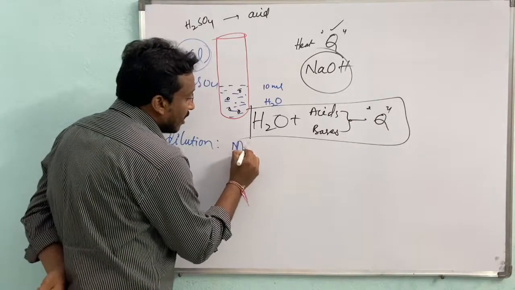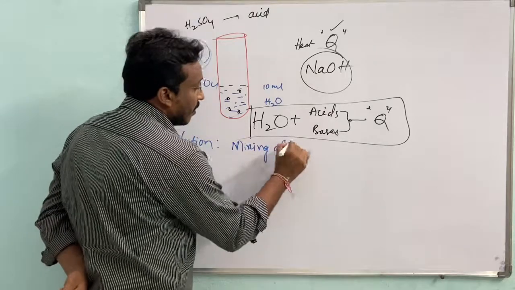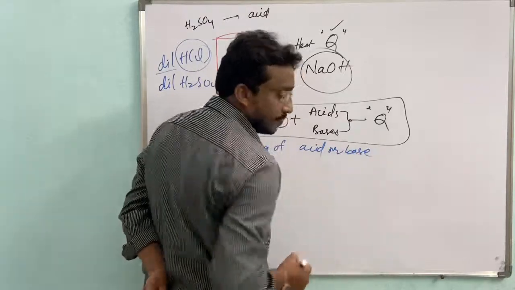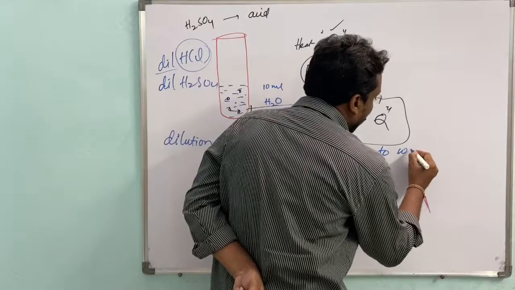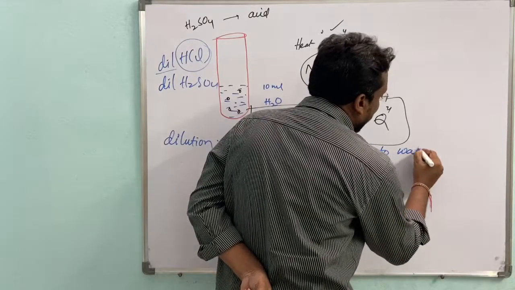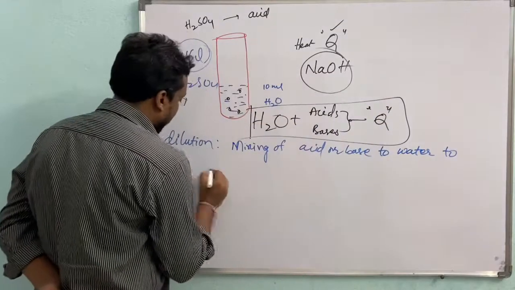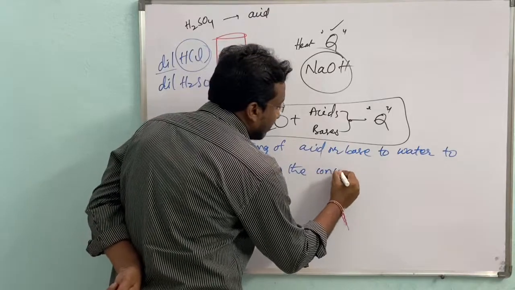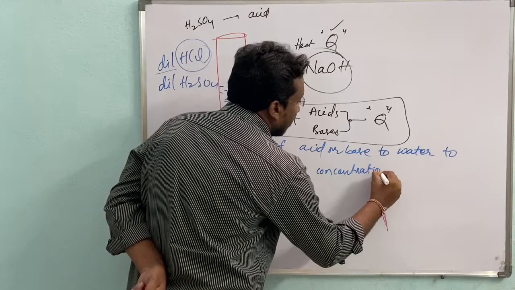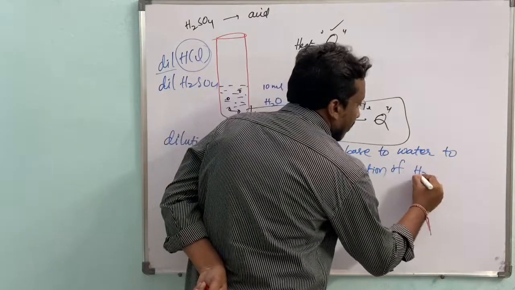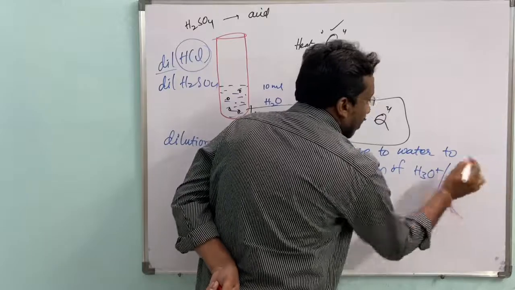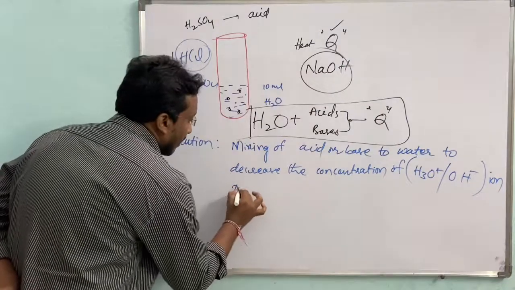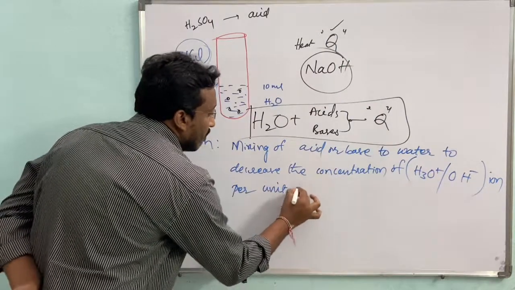Dilution means mixing of acid or base with water to decrease the concentration of H3O plus or OH minus ions per unit volume.